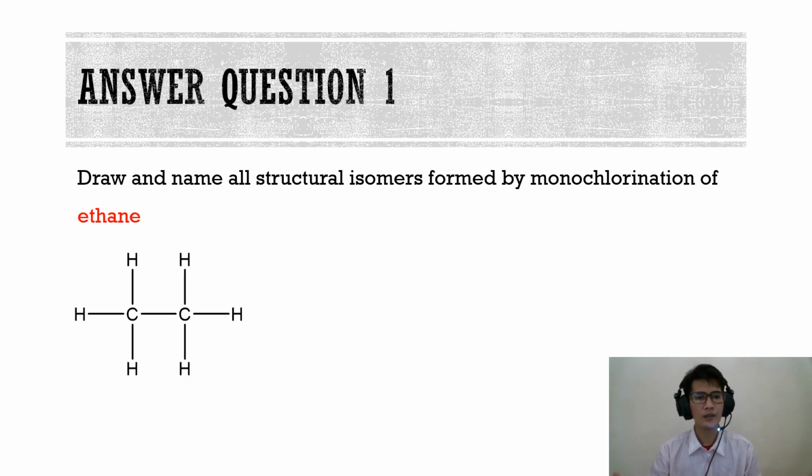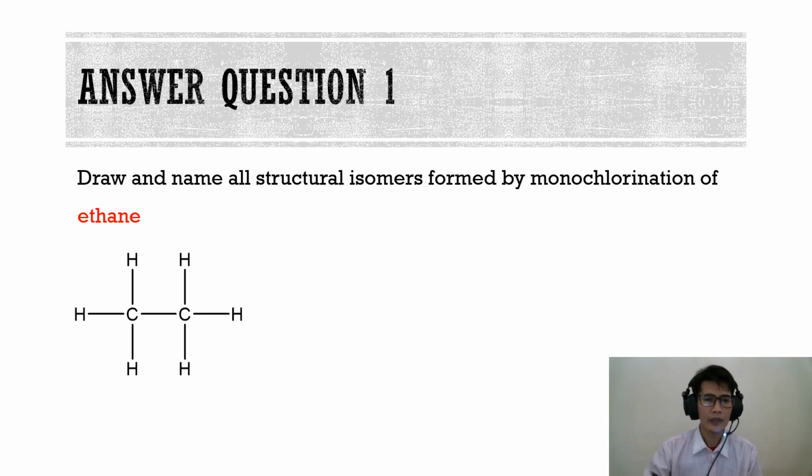Okay, this is the expanded structure of ethane. As you can see in this structure, there are 6 hydrogen atoms surrounding the 2 carbon atoms, and all of these hydrogen atoms have the same environment.